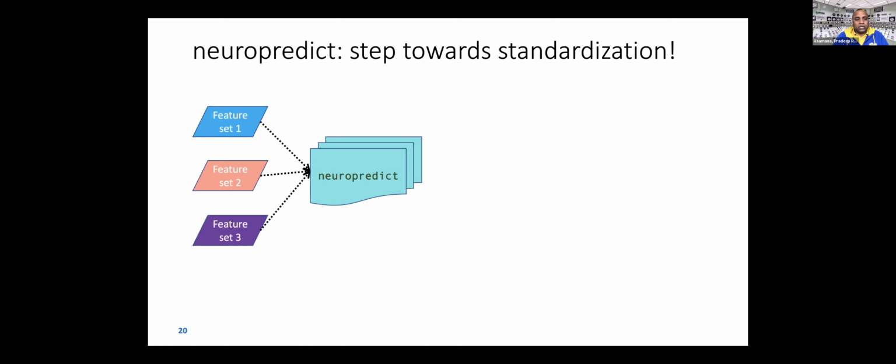At the core, it takes a bunch of features or biomarker candidates, which could be anything from different neuroimaging modalities or non-imaging data as well, and produces a comprehensive estimate of their performance, while implementing the best practices in machine learning, cross-validation, and everything else, as well as software engineering, right?